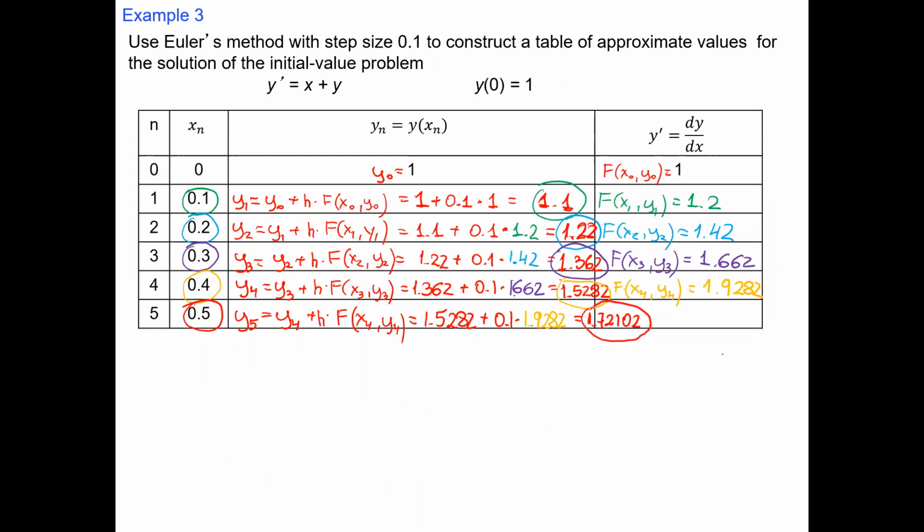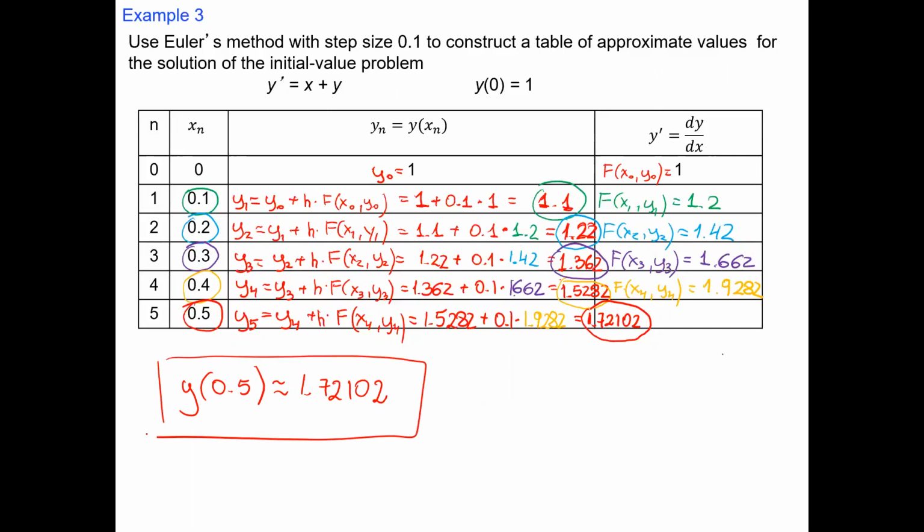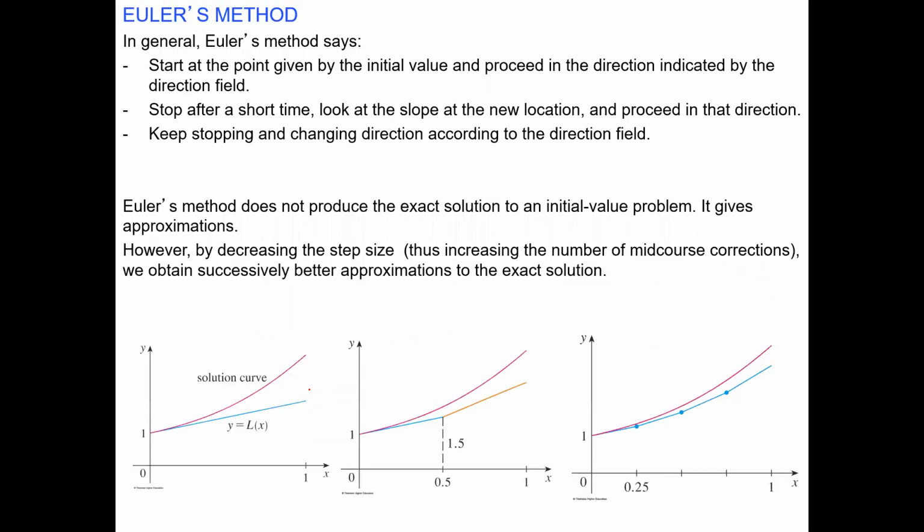And this one, of course, will give me the slope, but the value of the function at 0.5, we've got the approximation 1.72102. As we can see, it's a little bit better approximation, because if we remember, I can switch the slides.